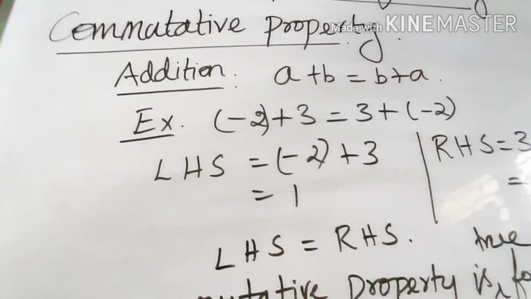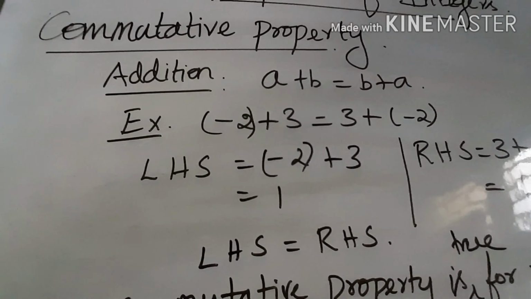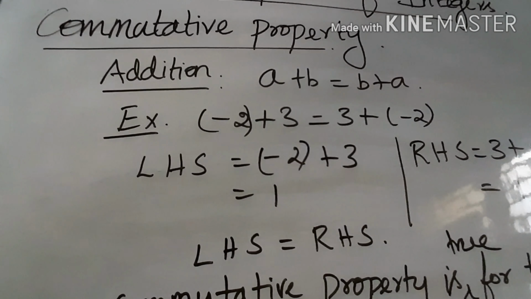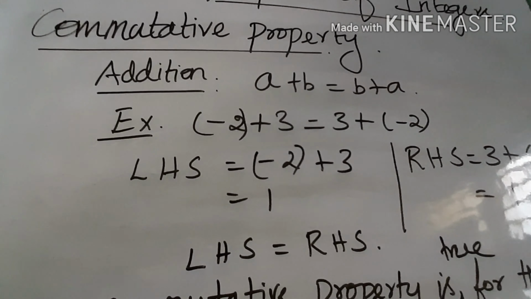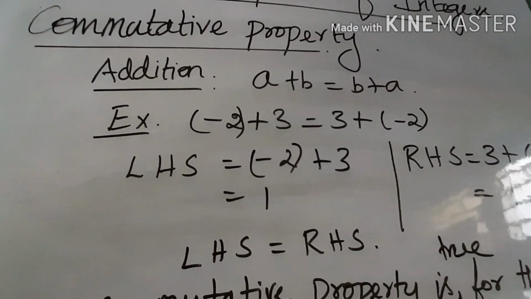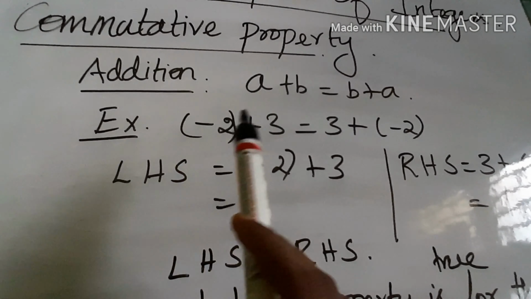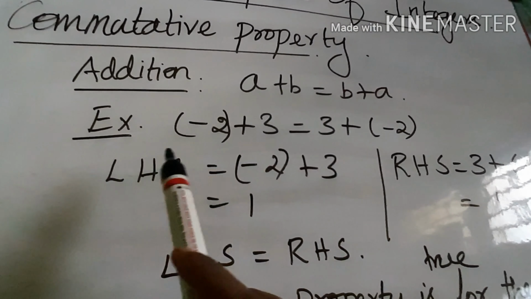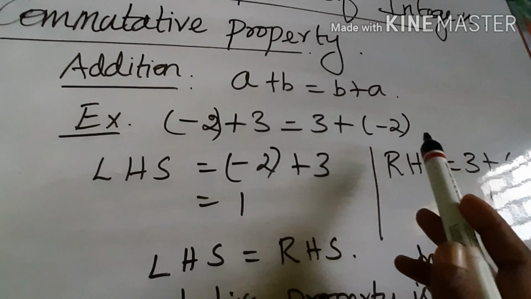The commutative property is when you add two numbers in one order or vice versa, the answer will be the same. Here we take a plus b is equal to b plus a. In the place of a and b, we replace them with numbers, -2 and +3, which are integers, and the vice versa, 3 plus -2.